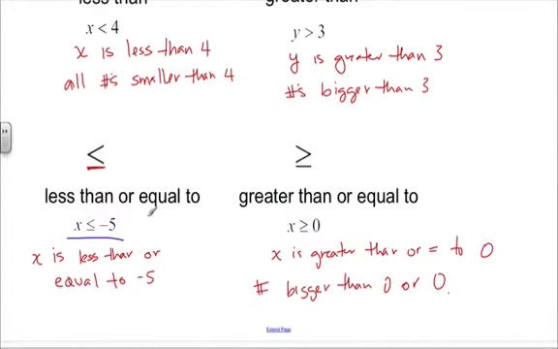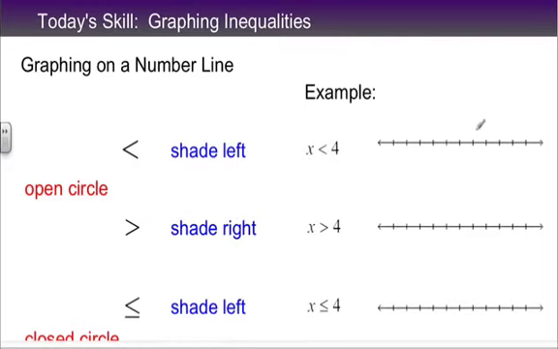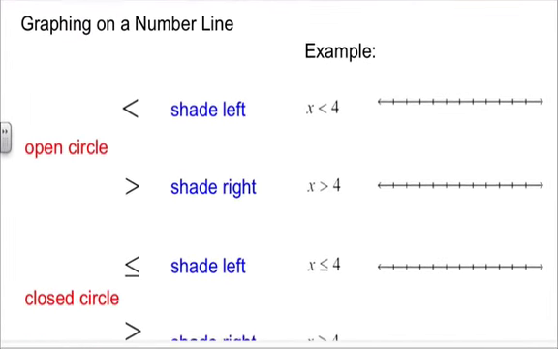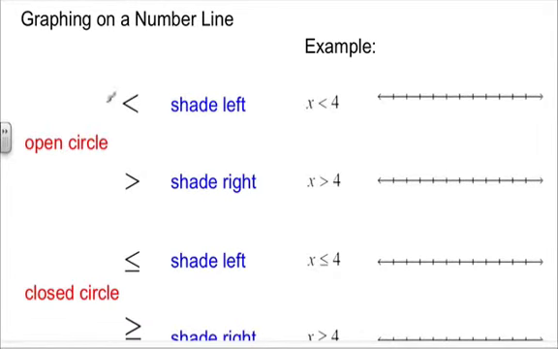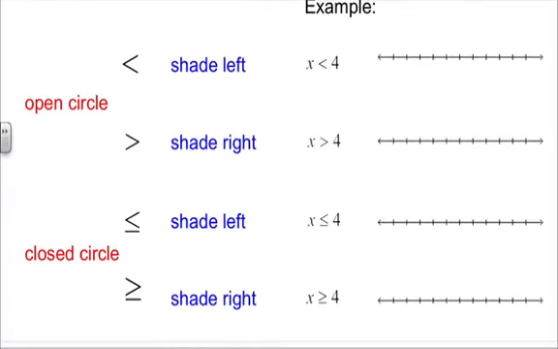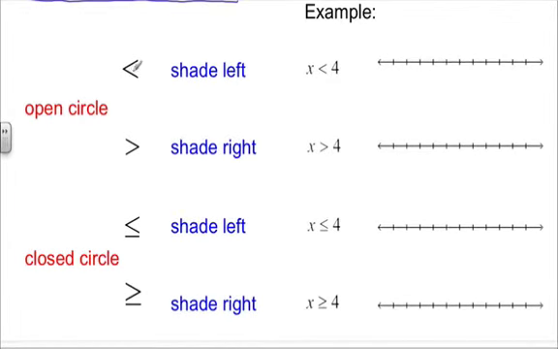So now let's talk about the graphing. Here's a summary of the rules for graphing on a number line. We've got the four inequalities here. If you're writing this in your notes, here's your title, Graphing on a Number Line. If we have less than or greater than, we're going to use an open circle.